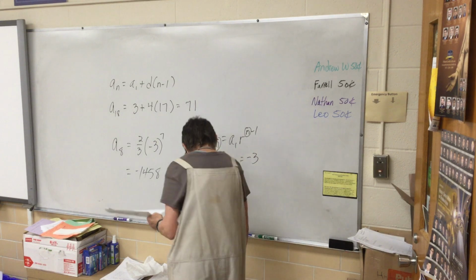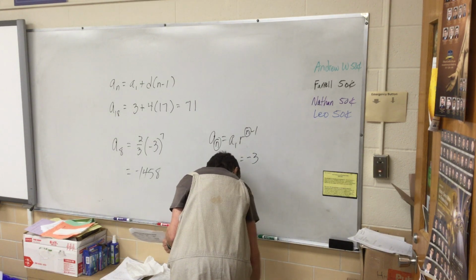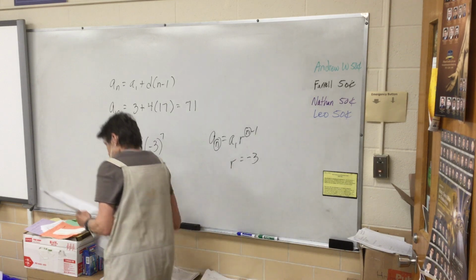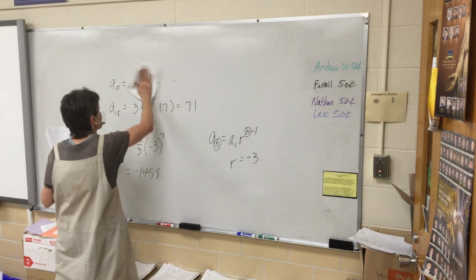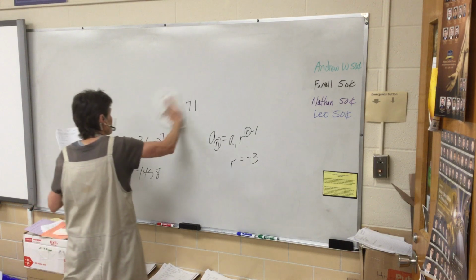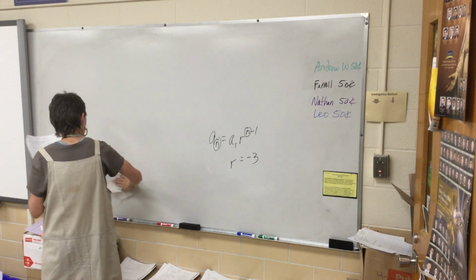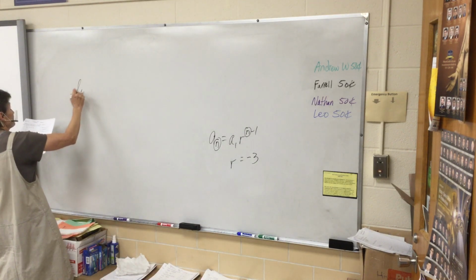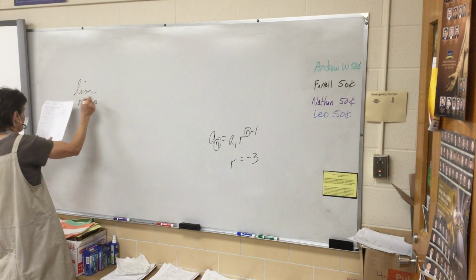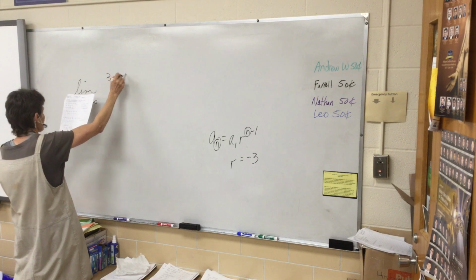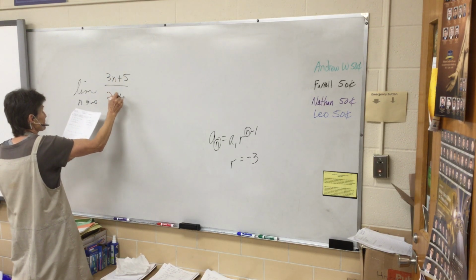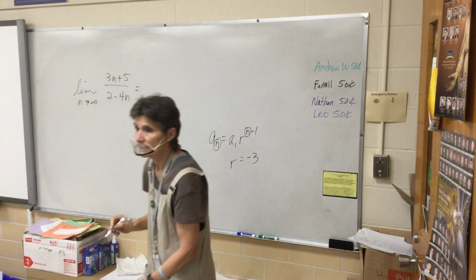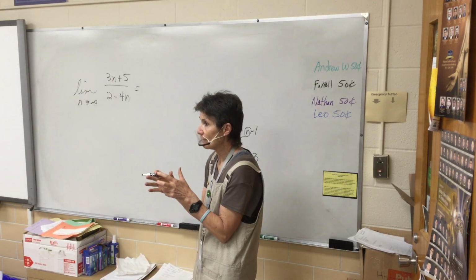All right, the next section says that we need to find the limit. Let's make sure you're all straight with this, because this is important stuff, these limits. The first one says we have 3n plus 5 over 2 minus 4n. I got a little tricky on this one, because I don't have things lined up quite right.